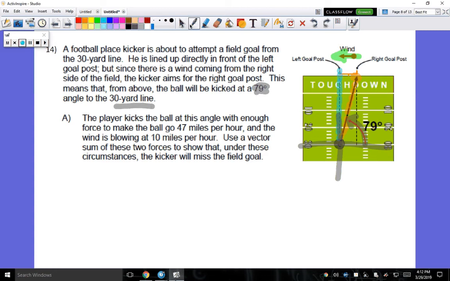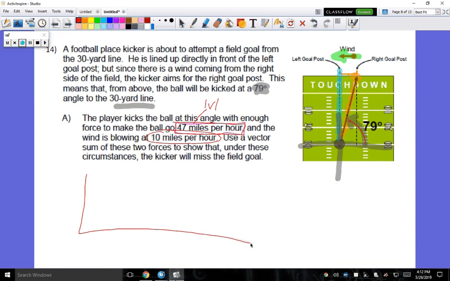It says the player kicks the ball with enough force to make the ball go 47 miles per hour, that is the strength, otherwise the magnitude of his vector. And the wind is blowing at 10 miles an hour. Use a vector sum of these two forces to show that under these circumstances, the kicker will miss the field goal.